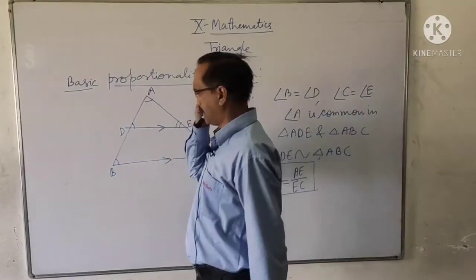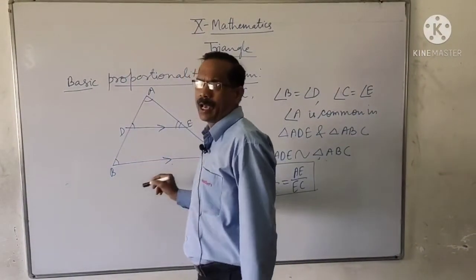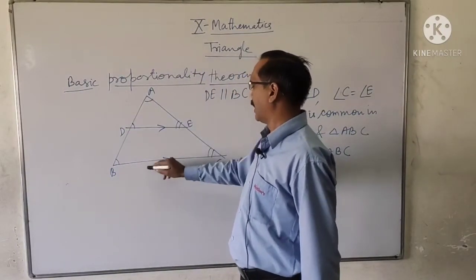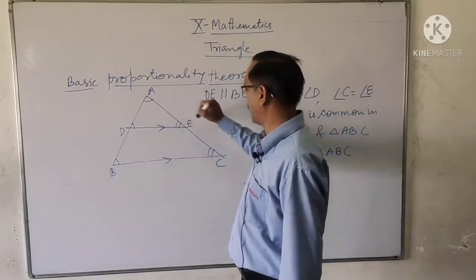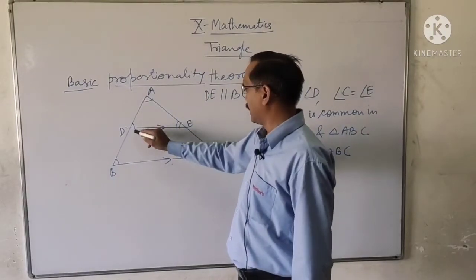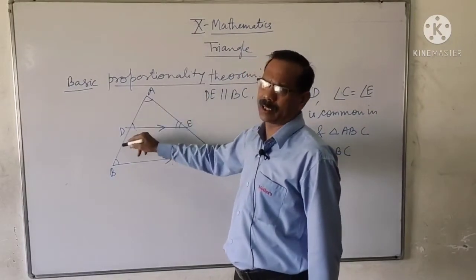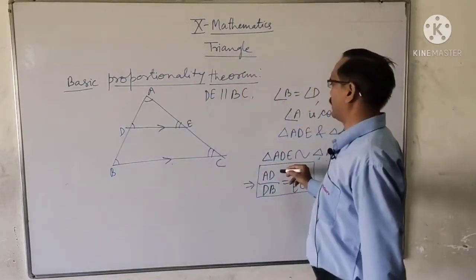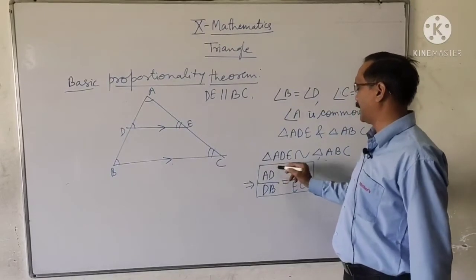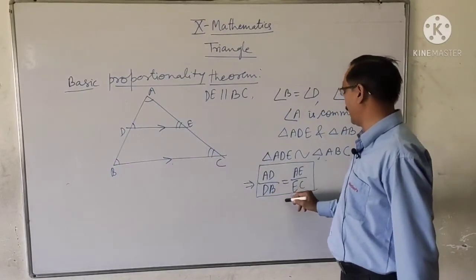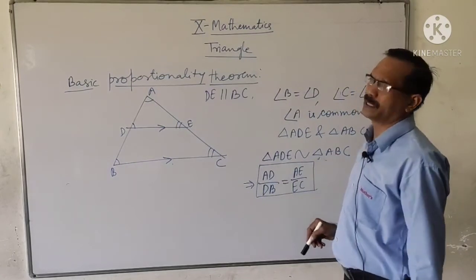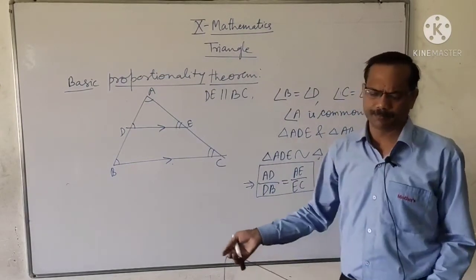Whenever there is a triangle ABC and we draw a line parallel to one of the sides, like BC or AB or AC, then this line intersects the other two sides in the same ratio. In the same ratio means AD upon DB equals AE upon EC. This is the Basic Proportionality Theorem.